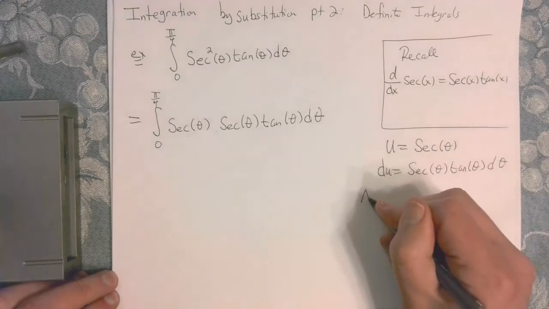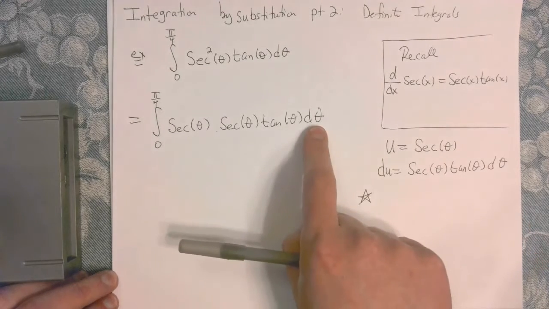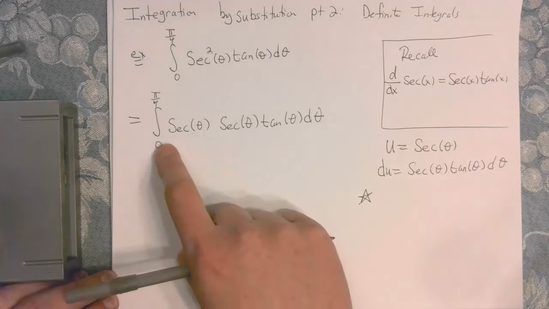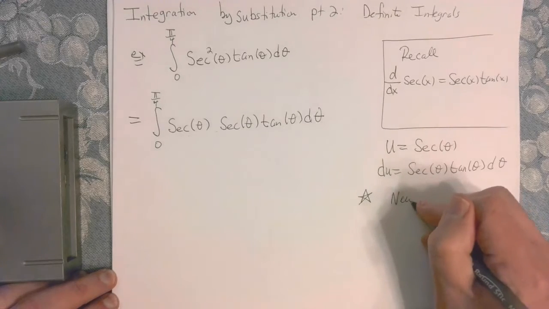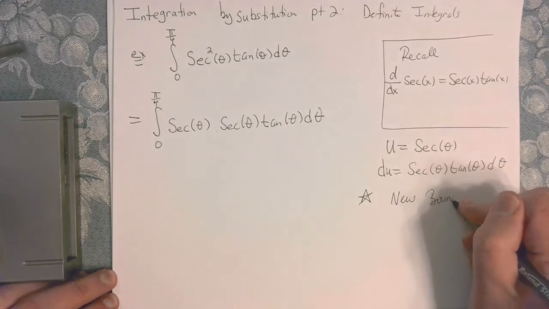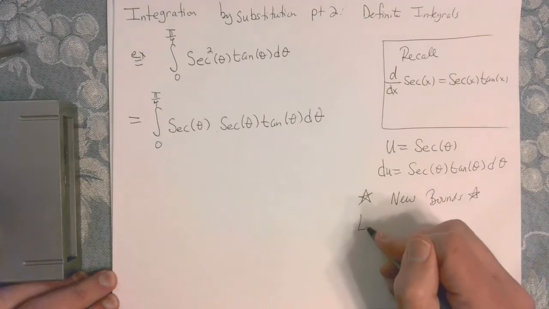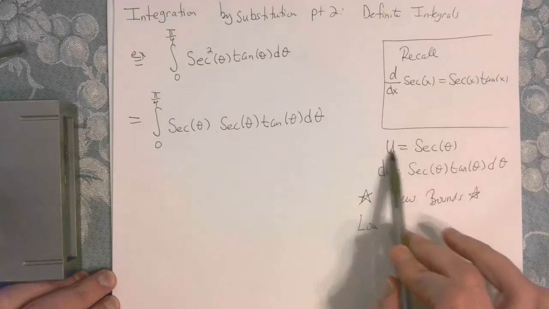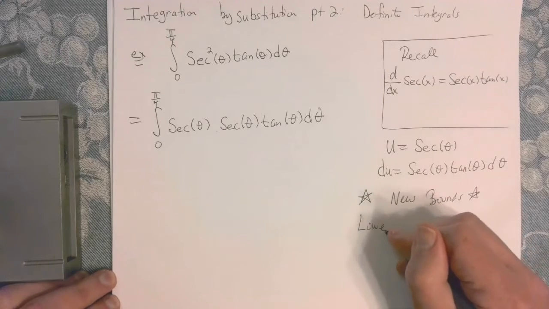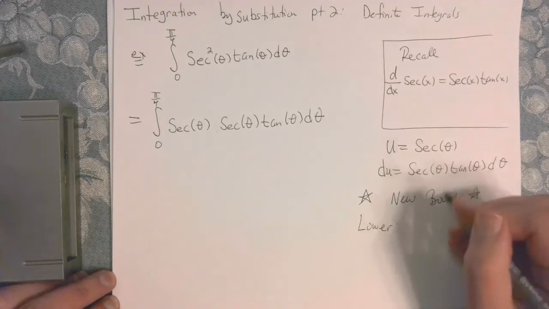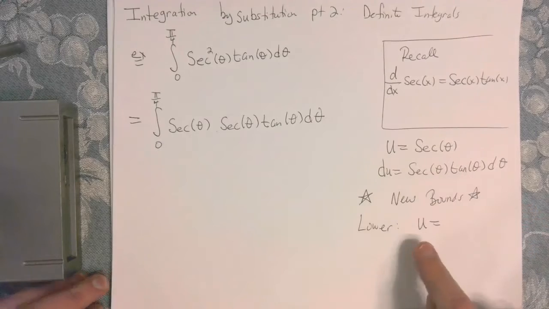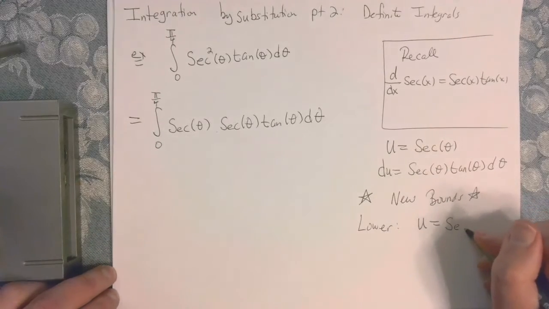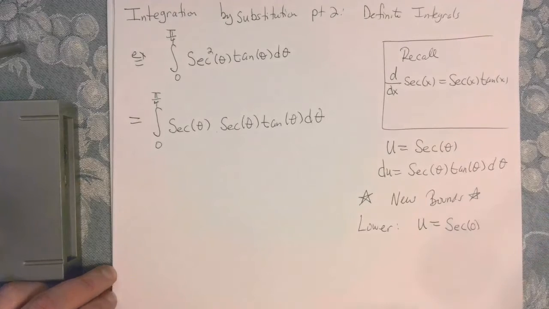But remember, we need new bounds. We're switching variables. These are theta bounds, and we're going to variable u, so we need corresponding u bounds. So don't forget this. I need a new lower bound and a new upper bound. To find those, we just use the substitution statement. So my lower bound is u equals secant of 0.